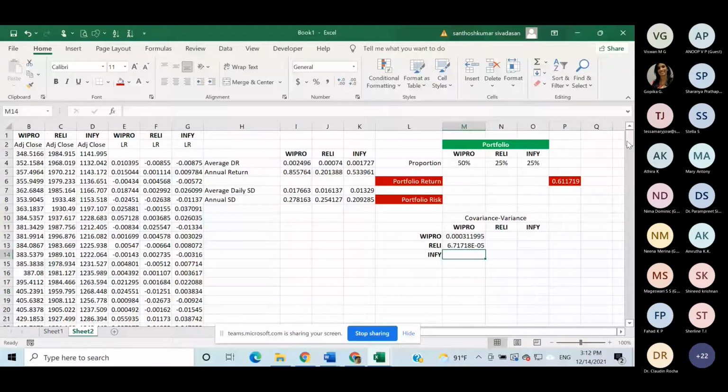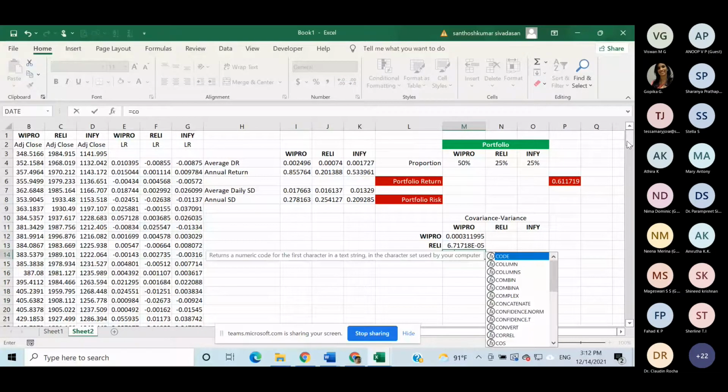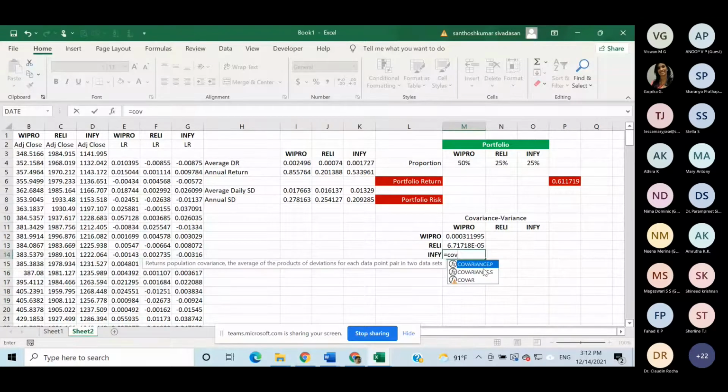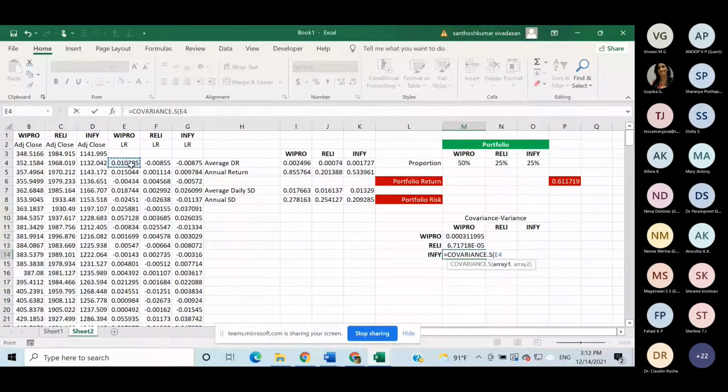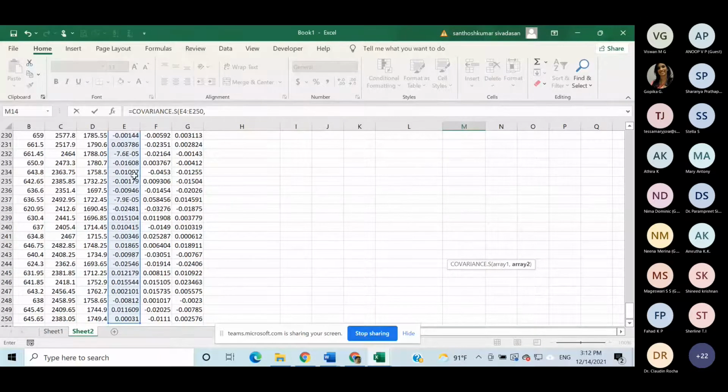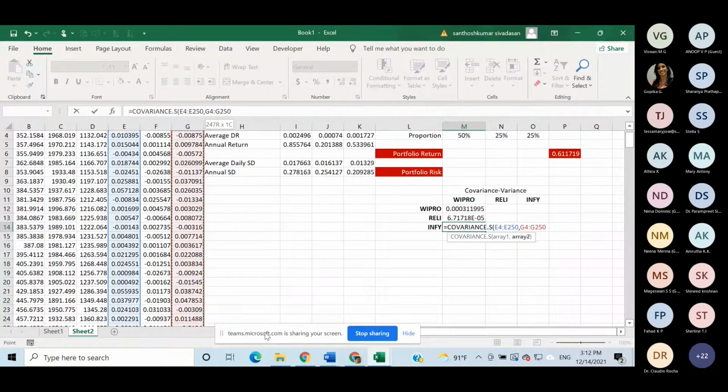Similarly, you find the covariance, the covariance sample, of Wipro and Infi. So Wipro here, Control Shift down arrow, comma, then Infi is this, Control Shift up arrow.